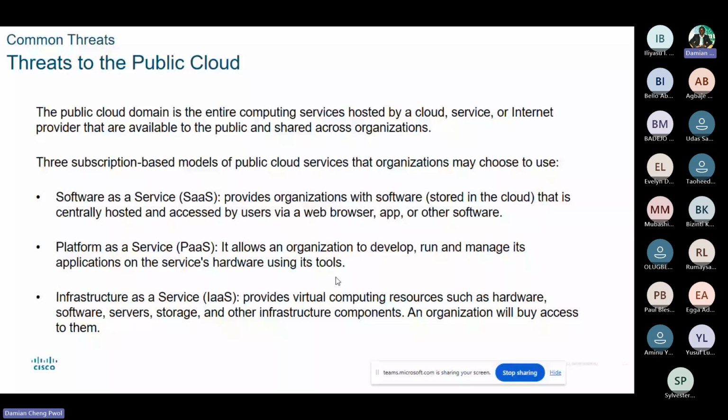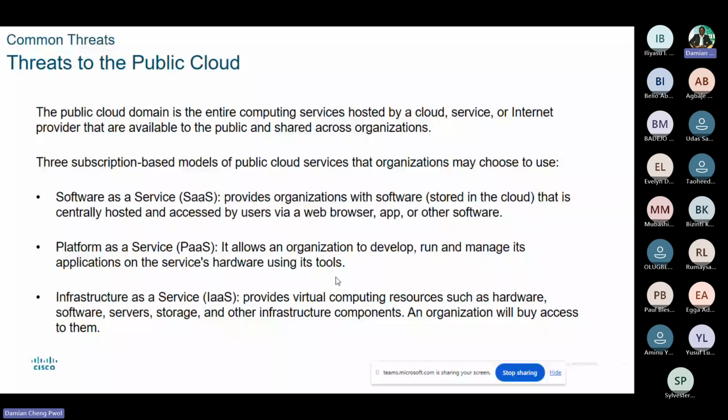That's what we mean by platform. It is usually provided to developers, those who are into programming. You can have access to platform as a service on Google. Amazon also has its own platform as a service where you can run some scripts.